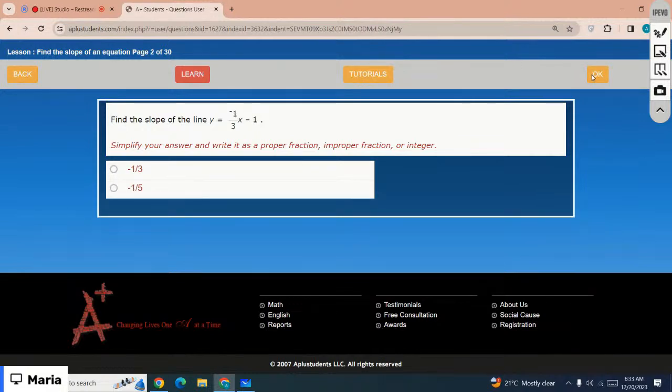Find the slope of the line y equals negative 1 over 3x minus 1. So just equate the equation with the general form of linear equation, that is y equals mx plus b.